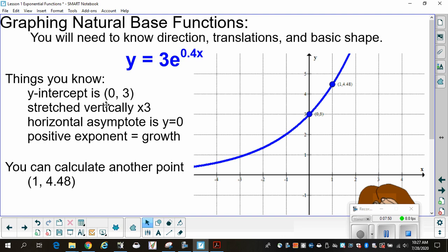So I simply plug in 0, and I get out 3, because e to the 0 power is 1 times 3 is 3. Then I can plug in a 1, and I get 4.48. Great. I do an approximately 4.5, and then I just do the curve. That's it. You should be able to describe the transformation, tell me where the asymptote is, and then plug a couple of values in and plot those values.